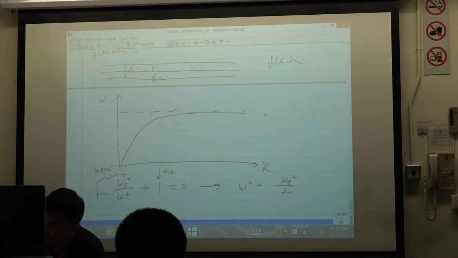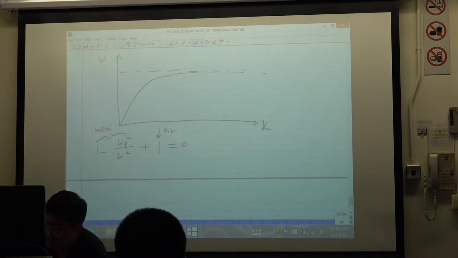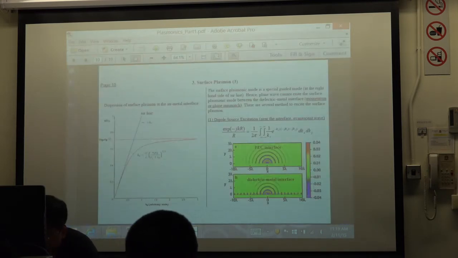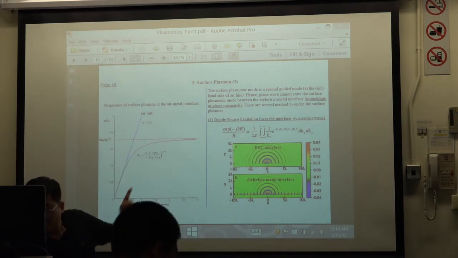No problem, right? So I just go to another step. You can say this is 2 omega squared minus omega p squared equals 0, then omega equals omega p over square root of 2.